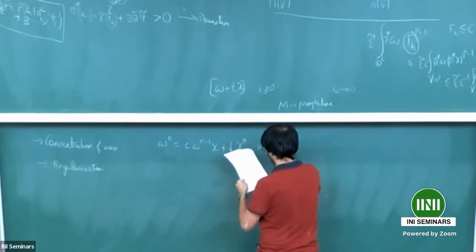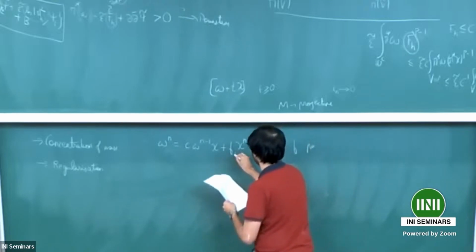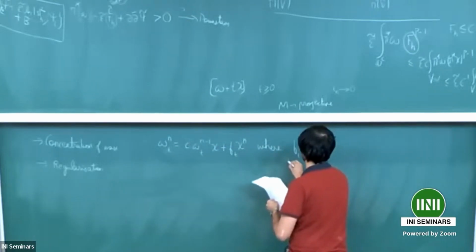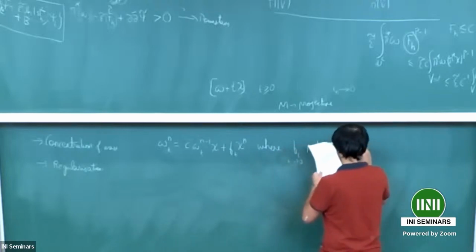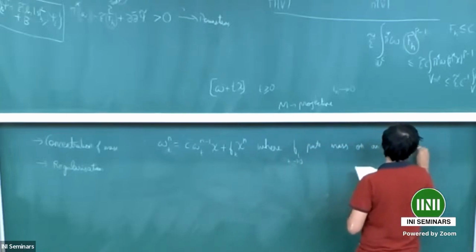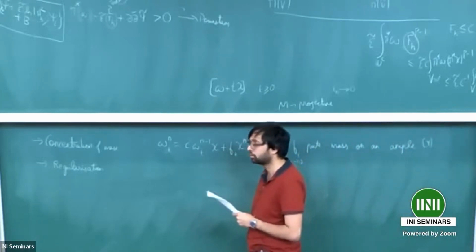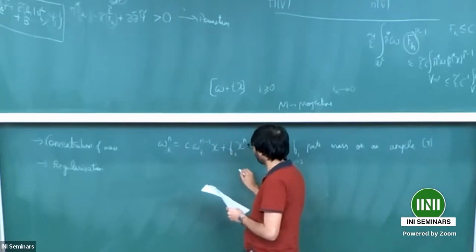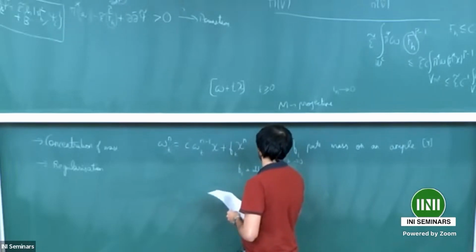Where Ft, as t goes to 0, puts mass on an ample smooth divisor Y, just as before. So you solve this. The only slight complication is Ft is allowed to be slightly negative.